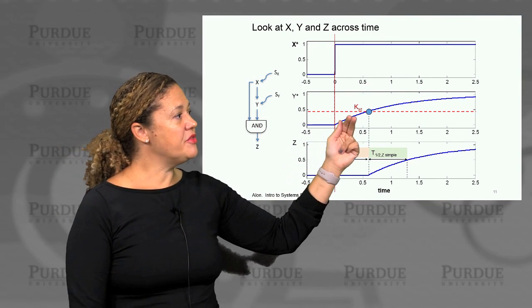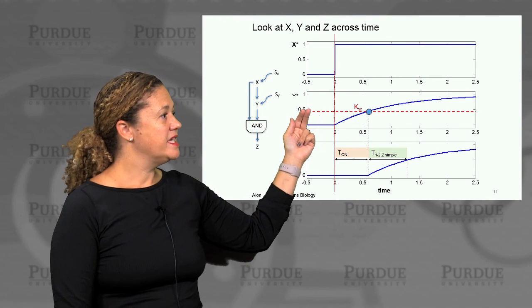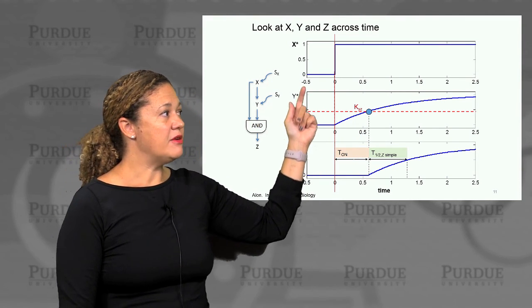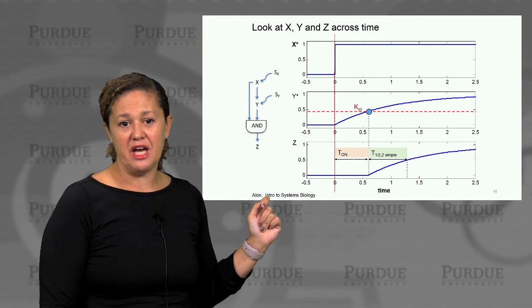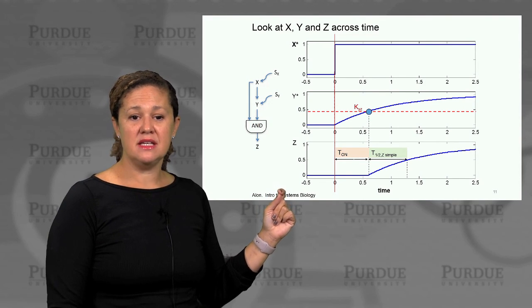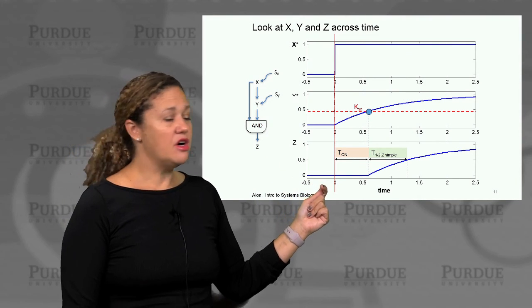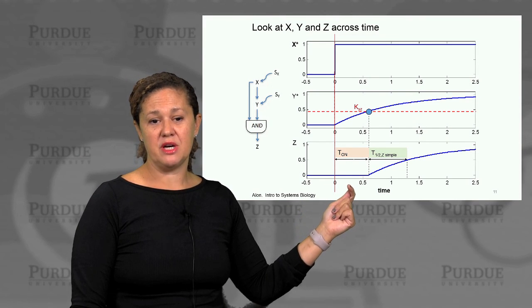And now we know the time at which Y reaches its threshold value to activate Z. Remember, X is already well above its threshold value, and we need both X and Y to turn on Z. So Z will not turn on until Y also reaches its threshold value.